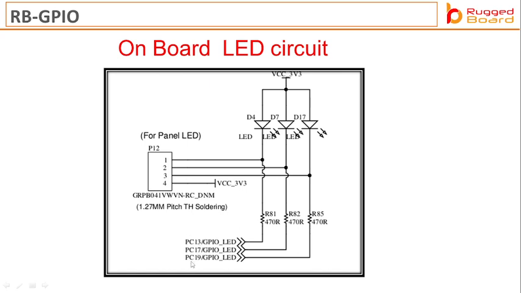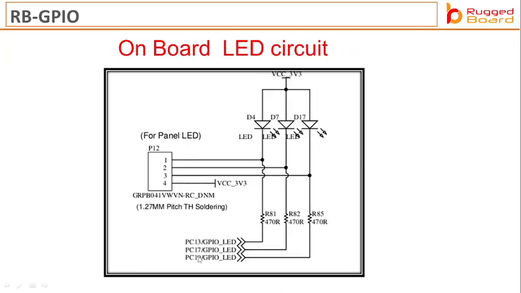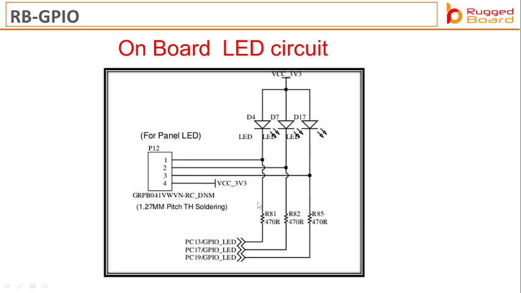These are all GPIOs in port C. In order to access these onboard LEDs, we need to export PC13, PC17, or PC19 using the SAMA5D2 pin number. We need the pin number to export these port numbers. We will see that in the next slide.